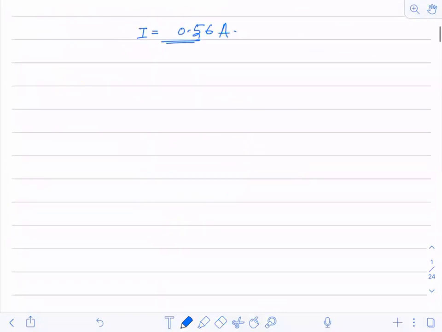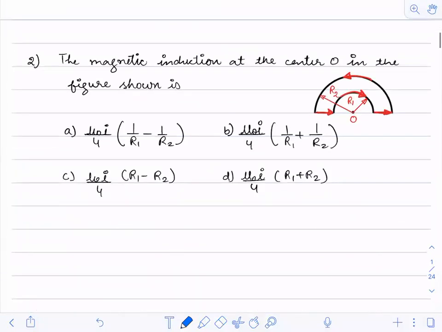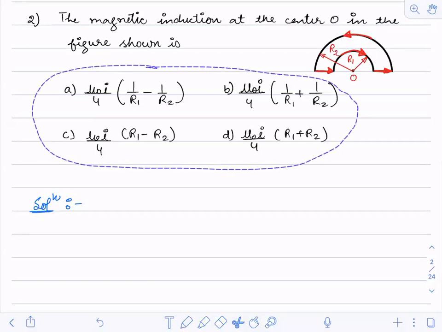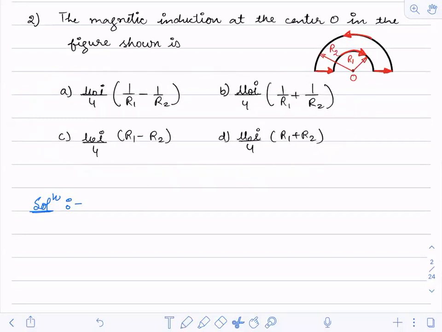Now question number 2. The magnetic induction at center, at point O in the figure shown, you have to calculate the magnetic induction at O. If you clearly see this figure, can you say that the two fields will be in two opposite directions?